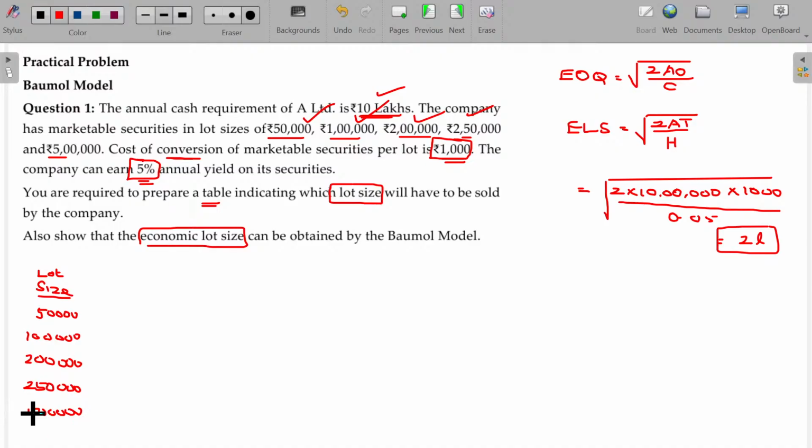Now find out transaction cost, TC. How do you calculate this? Annual requirement divided by lot size into transaction cost per transaction 1000. 10 lakhs by 50,000, 20 into 1000, 20,000.